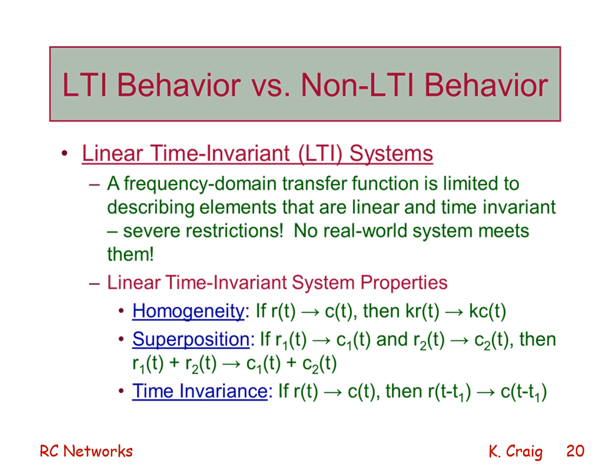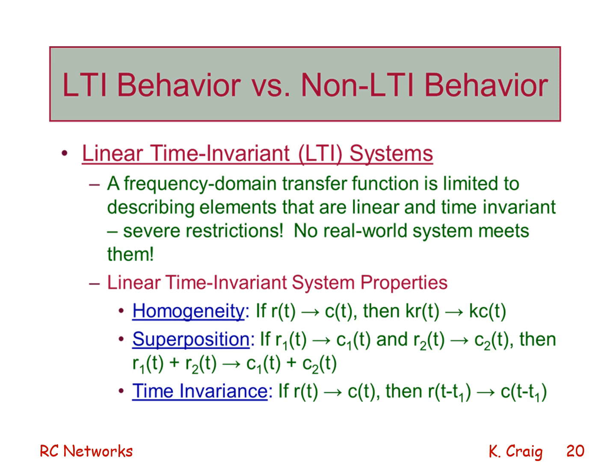A linear time invariant system is one that is linear and time invariant, as the words describe. A frequency domain transfer function is limited to describing elements that are linear and time invariant. And these are severe restrictions, as I just said. No real-world system meets them.